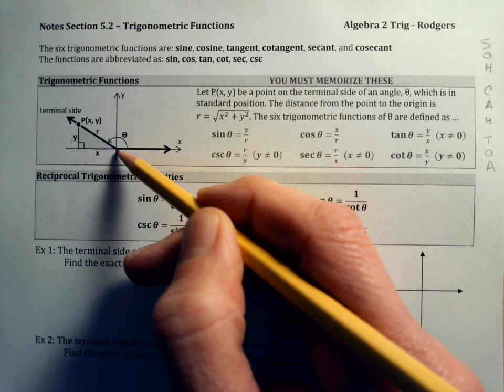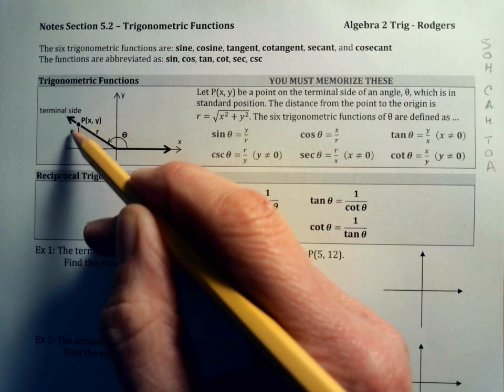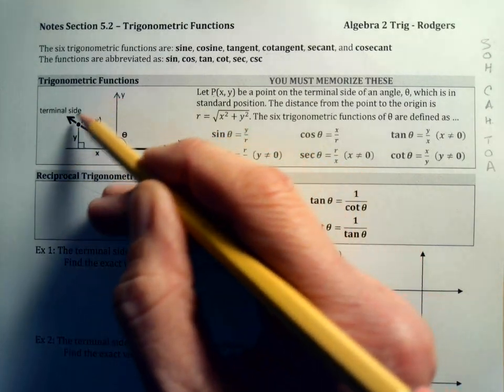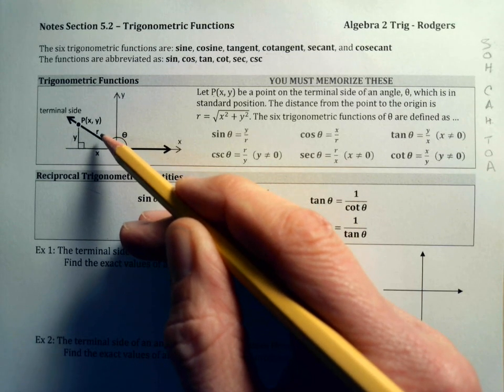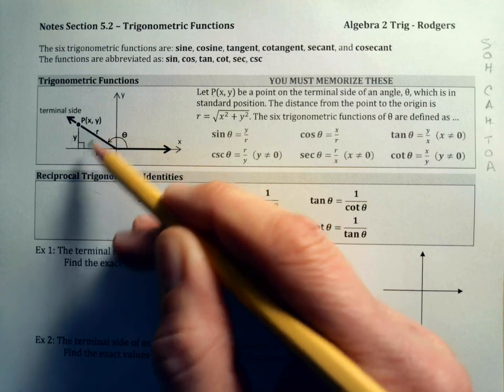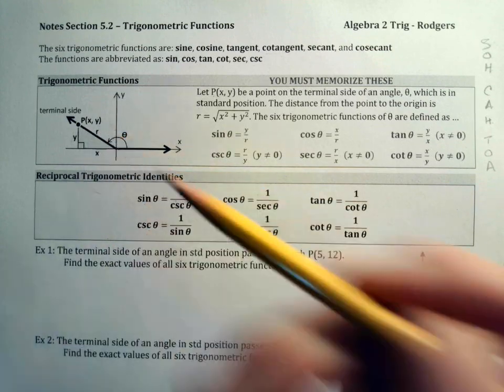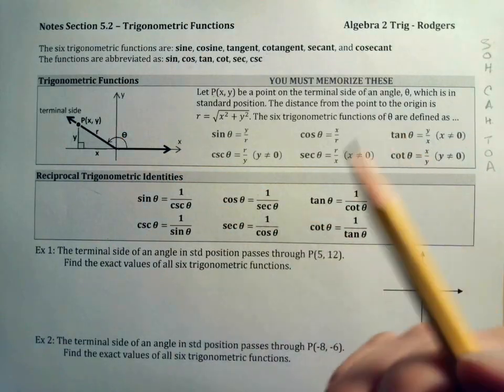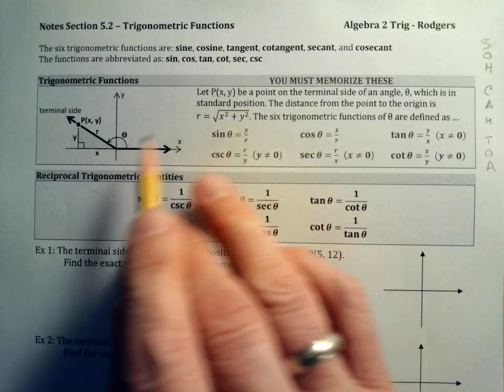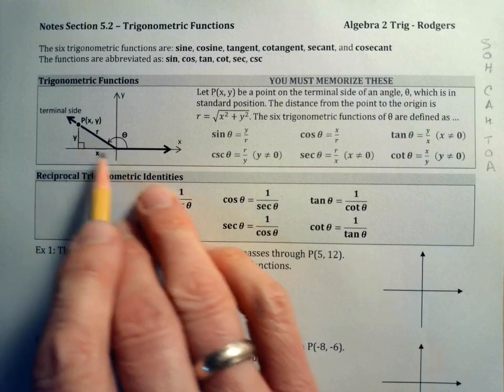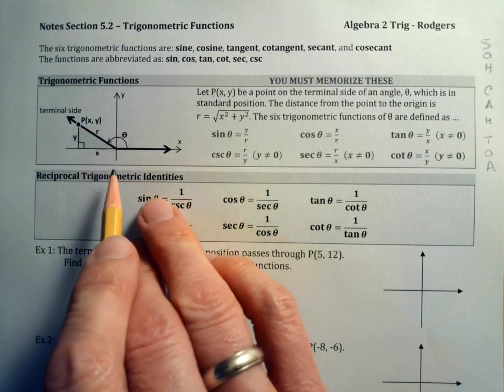The origin will be the center of that circle, and P will be a point on the circle. So now you can see why we're calling it r. In the past, we would have called it the hypotenuse of this right triangle, but here we refer to it as r. And that r is just the square root of x squared plus y squared, if we use the Pythagorean theorem.